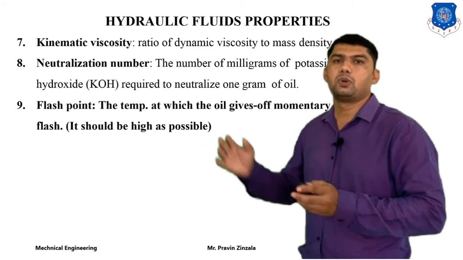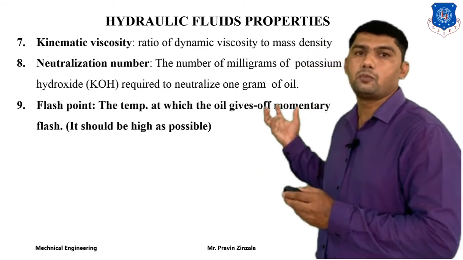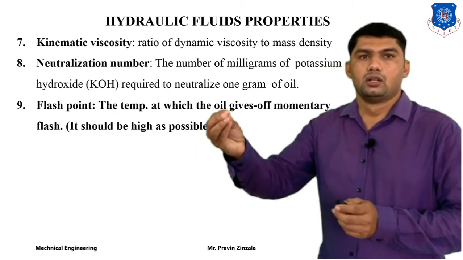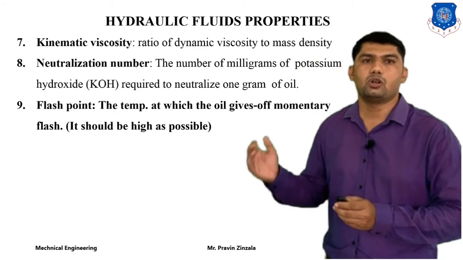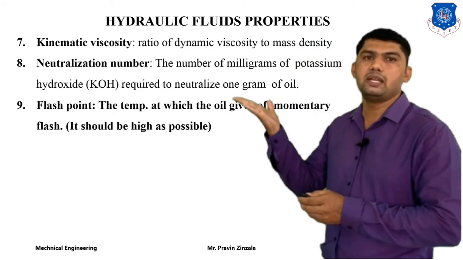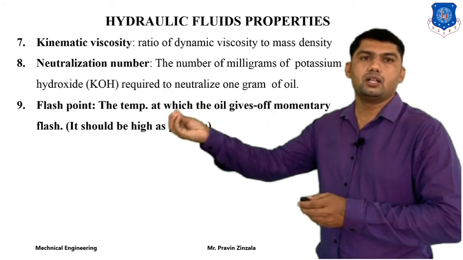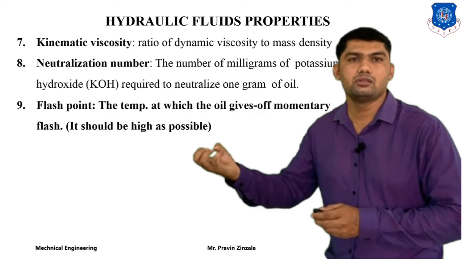Next property is flash point. It is the temperature at which oil gives off a momentary flash. Let's take one example. If you operate the hydraulic system for a long duration, the temperature will continuously increase. If we keep fire near the hydraulic system, it will give a momentary fire or continuous fire.